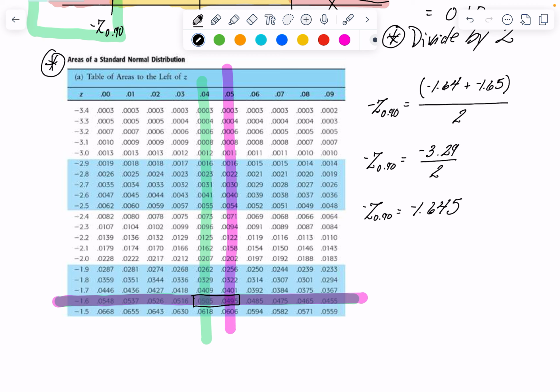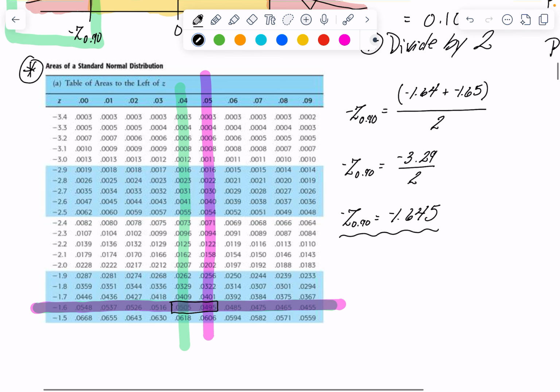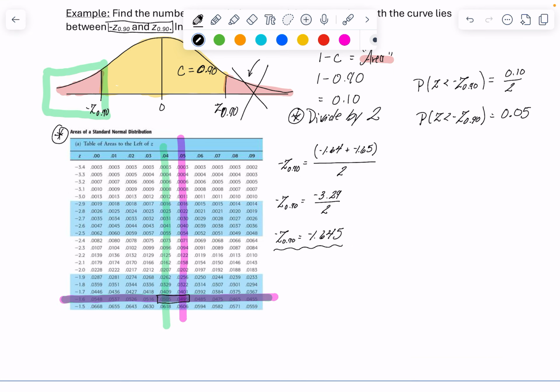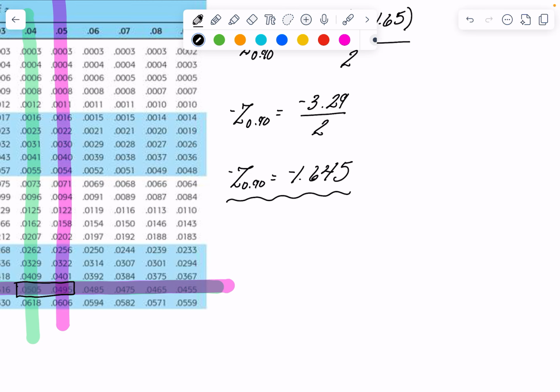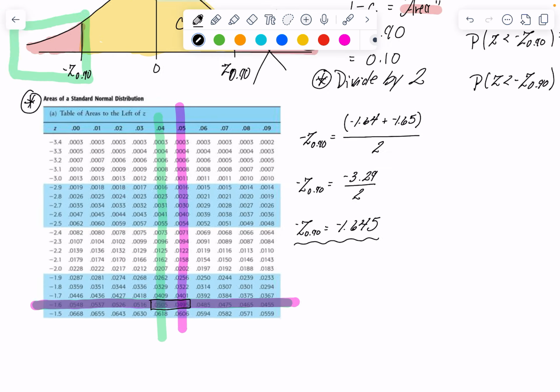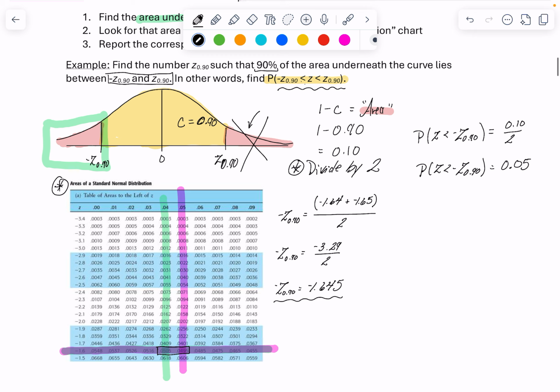The closest approximation would be to the hundredths, but this is the most accurate, so we're going to make an exception here. We'll write it as this number, and that will be our critical value at a confidence level of 0.9. Okay, and there's the final image of everything that we did.